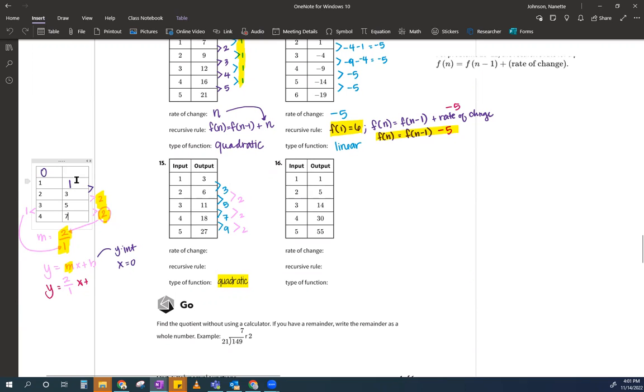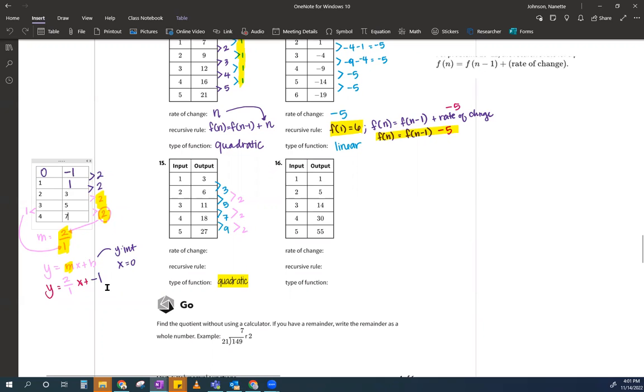Well, I was thinking what number plus 2 gives me my 3? 1 plus 2 equals 3, Ms. Johnson. Very good. So I do the same thing again. What number plus 2 would give me my 1? And you're like, oh, -1, right? So there's my equation. So this is -1. So my equation is 2x minus 1.